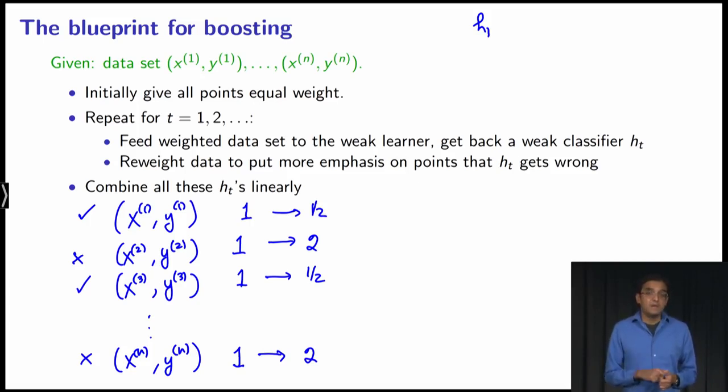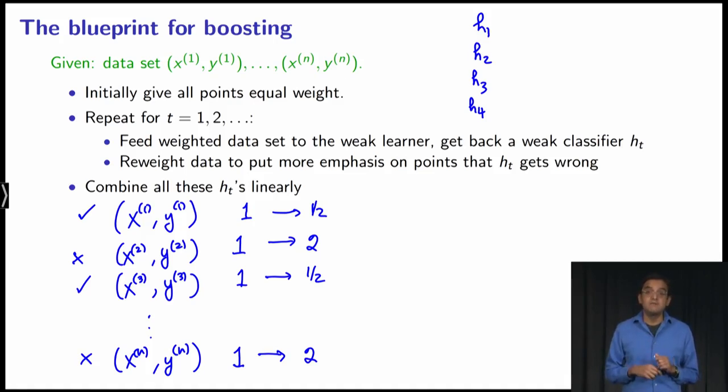Now the second time round, it cannot give us h1 again, because h1 was okay on the first data set, but is really bad on the reweighted data set. So the weak learner has to give us something different. Let's call it h2. And we keep going in this way. We keep getting a bunch of these weak classifiers, h1, h2, h3, and so on. At some point we decide to stop, and the final classifier we use is a combination of all of these.